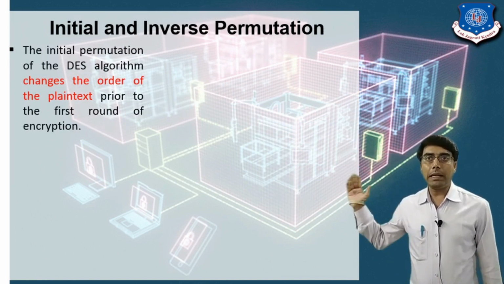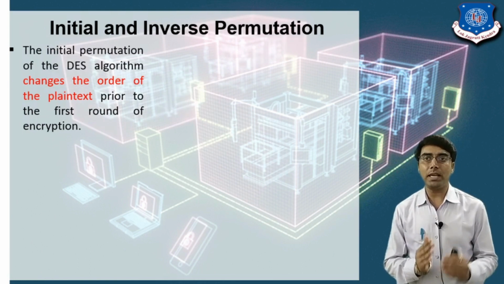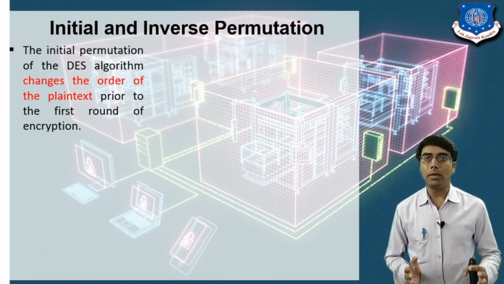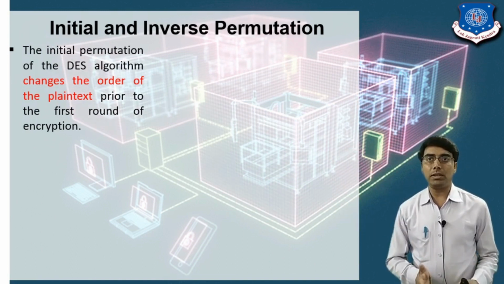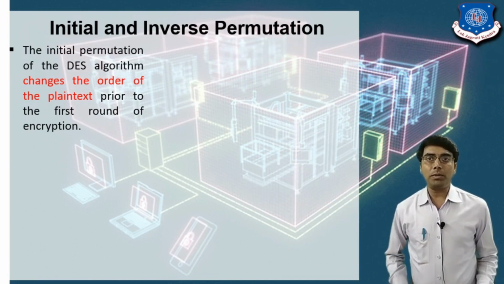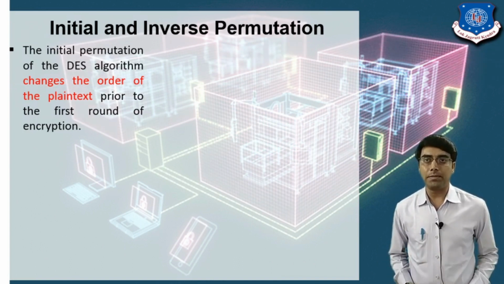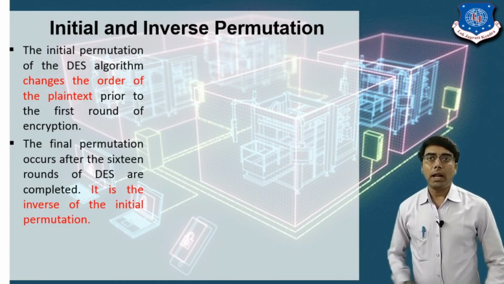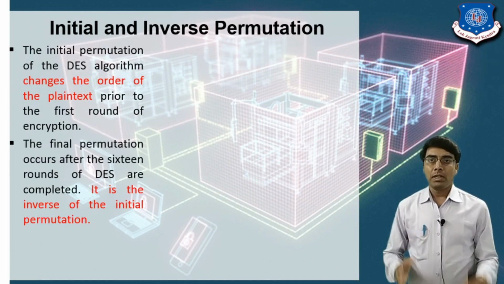Now in initial permutation, as you know, permutation means changing the order of the bits. In initial permutation, we change the order of the plain text prior to the first round of encryption. The final permutation is called the inverse permutation.